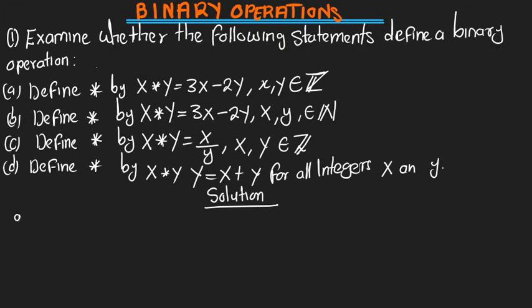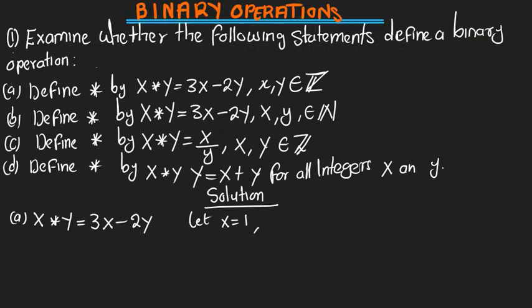So for the first one, we have x star y equal to 3x minus 2y. We want to test, so we can let x equal 1, and y can equal anything.